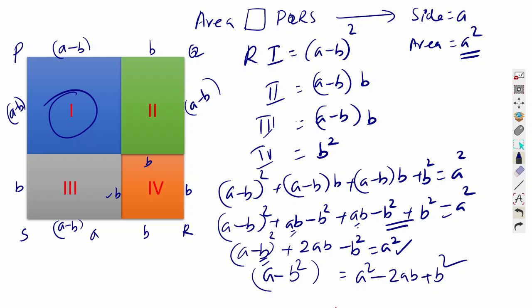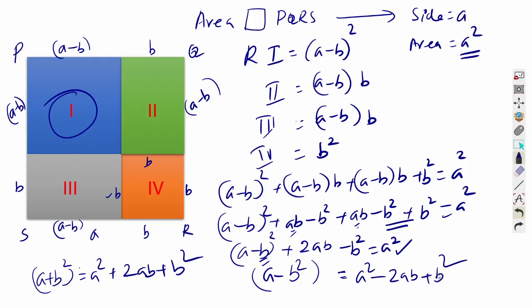So in the last screen and this screen we got two equations. Last screen we got a plus b whole square is equal to a square plus 2ab plus b square, and a minus b whole square is equal to a square minus 2ab plus b square. Then we developed two expansions of binomial algebraic expressions.